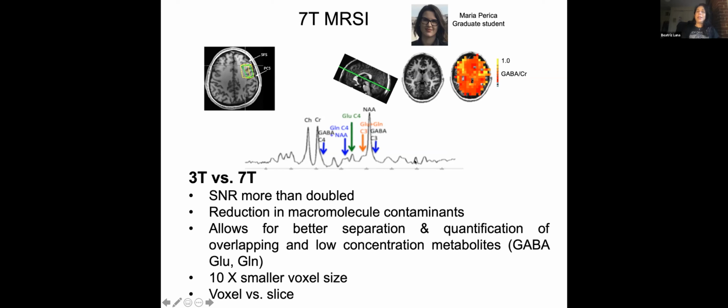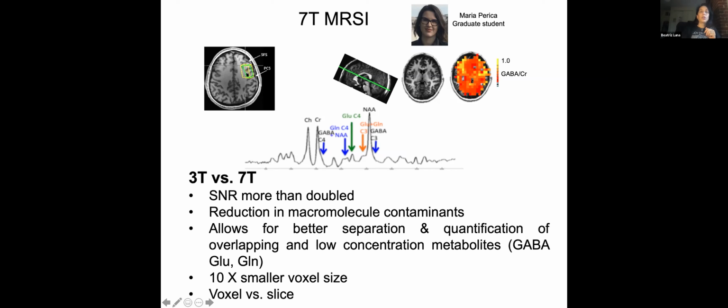So at 3T, it's very difficult to discern this signature of GABA, and it's very contaminated by the macromolecules. But with 7T, of course, you are increasing that signal to noise to a level where you can actually start to separate and really identify what's GABA and what's glutamate. So that's what we're doing. We're using MRSI, and this is led by Maria Perica, a graduate student in the lab.